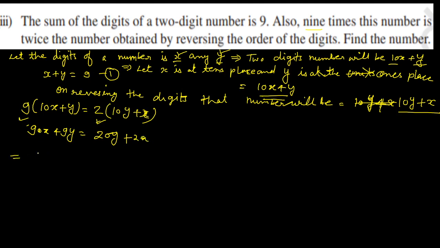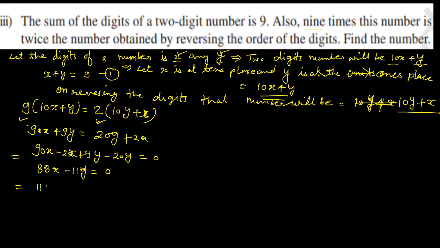I'm solving it. 90x minus 2x plus 9y minus 20y is equal to 0. You will get 88x minus 11y is equal to 0.